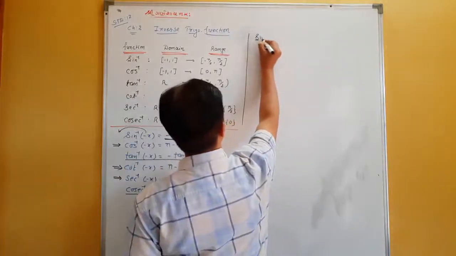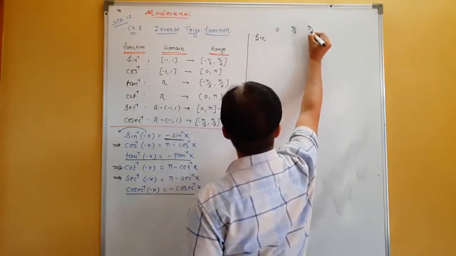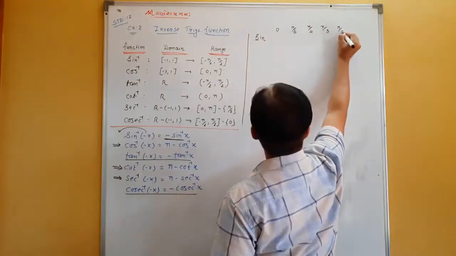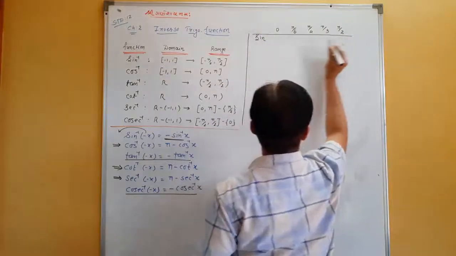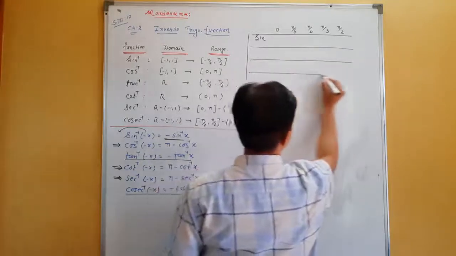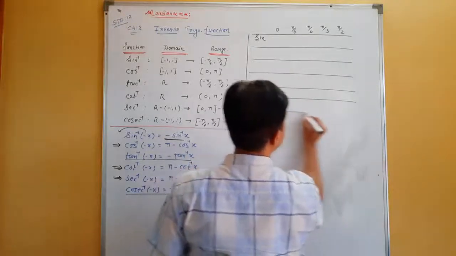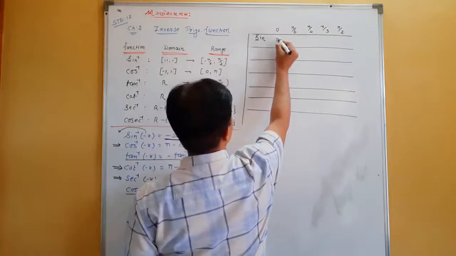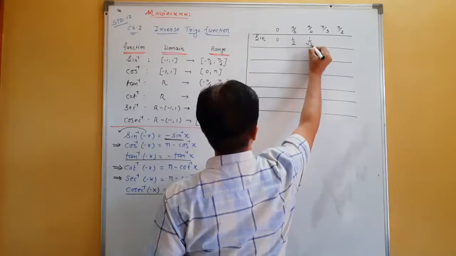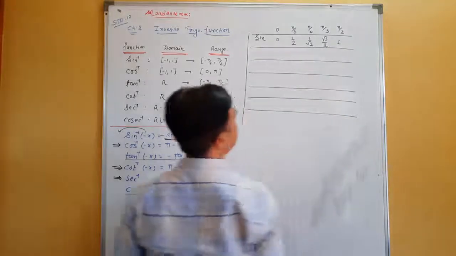The values of sine at 0, pi by 6, pi by 4, pi by 3 and pi by 2: sine 0 is 0, sine pi by 6 is 1 by 2, then 1 by root 2, pi by 3 is root 3 by 2, and this is 1.